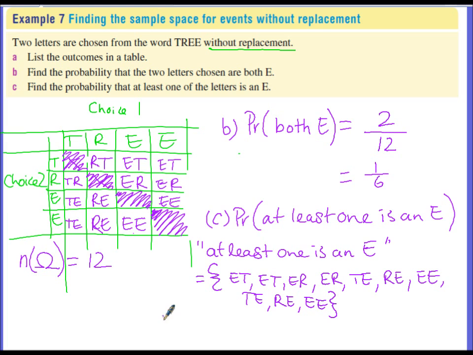So the probability of at least 1 E would be equal to the number of events that we've outlined here, which is 10, divided by the number of events in our sample space, which is 12. So 10 over 12, 5/6.